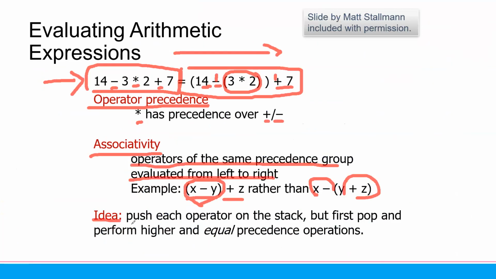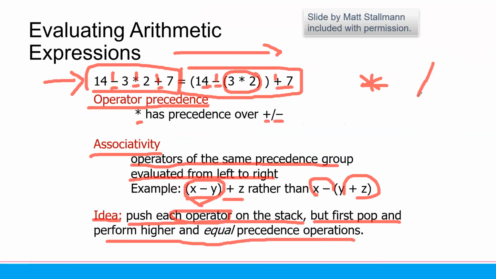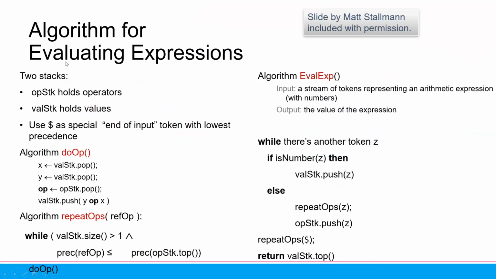So the idea is, if we have the stack, we want to push each operator to the stack, but first stop and perform higher and equal precedence operation. So we need to check if it is multiply or division, and then we can do the operation with plus and minus. So for this purpose, we can develop the stack with two stacks.